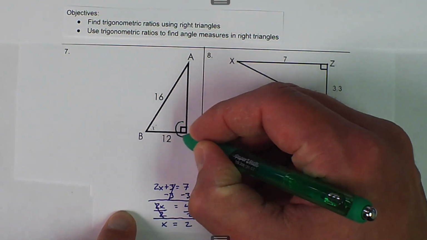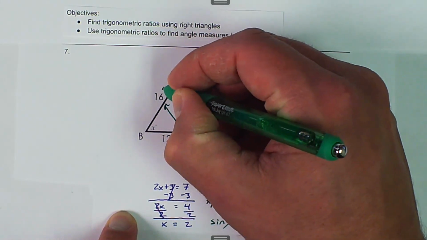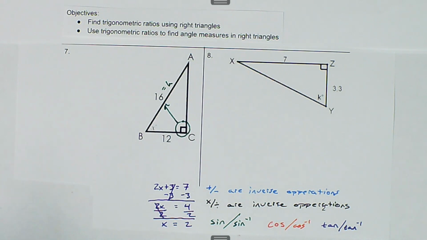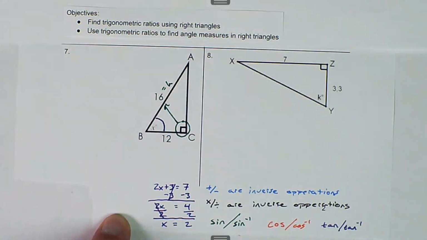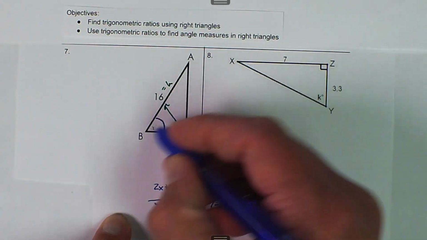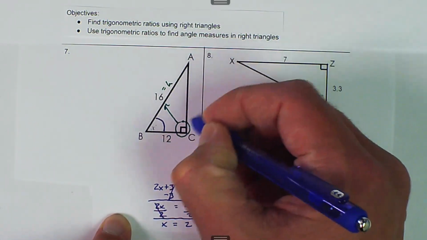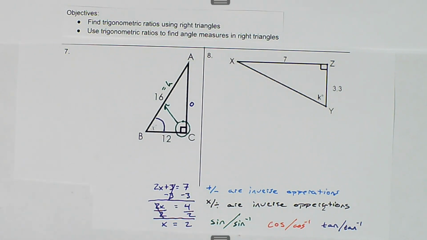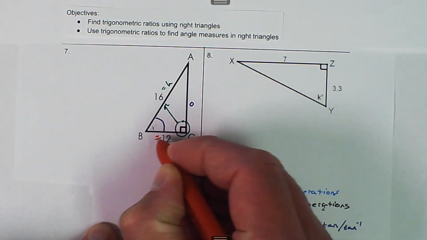The first thing we want to do is identify the parts that we have. So here's the right angle, so that means 16 is the hypotenuse. We're also given the angle right here labeled as x. The side opposite that, AC, is going to be our opposite side, and 12 is going to be our adjacent side.